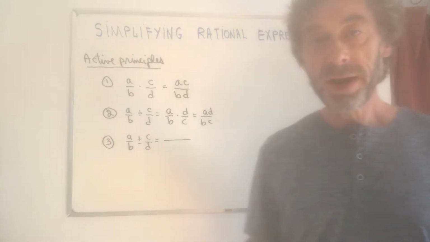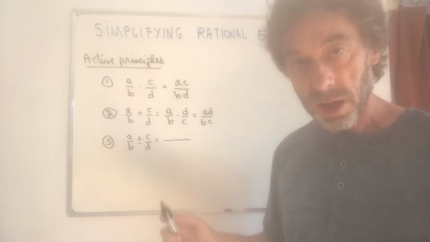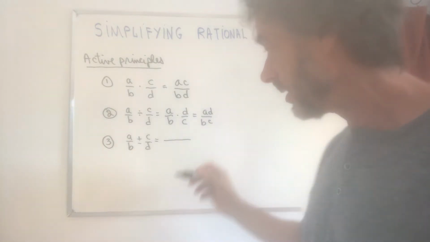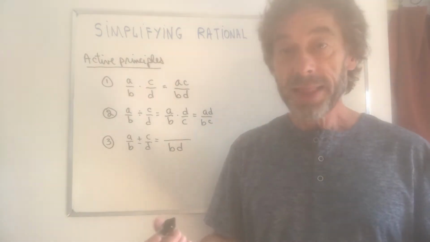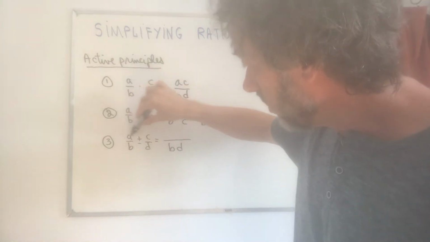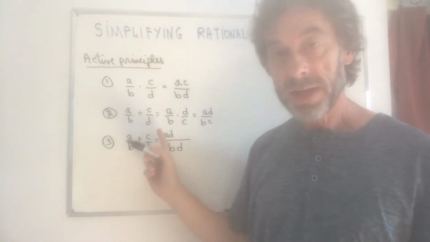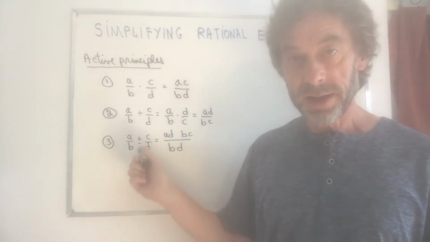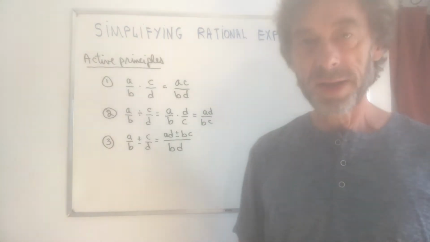A common denominator is something simple. All you got to do is multiply the two denominators. That's the first step. Multiply the denominators B and D. So B, D in the bottom. And then we crisscross. A times D, and then B times C. And whatever sign is in between is the sign that we keep.